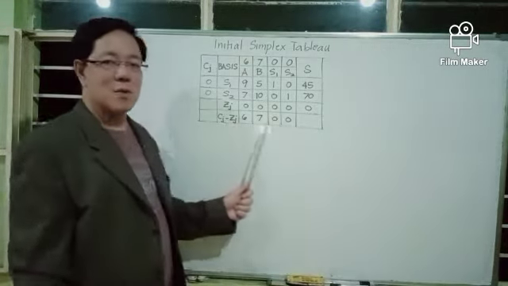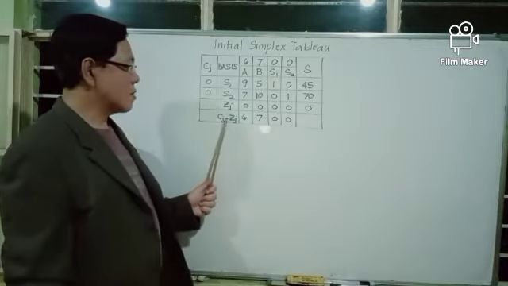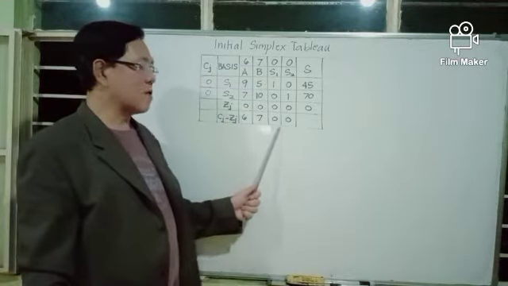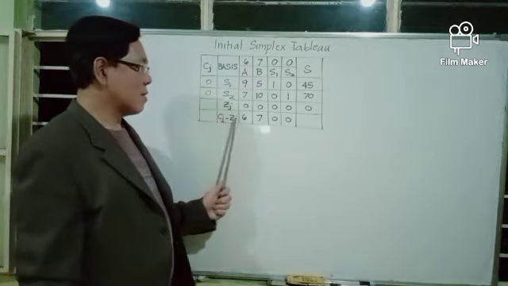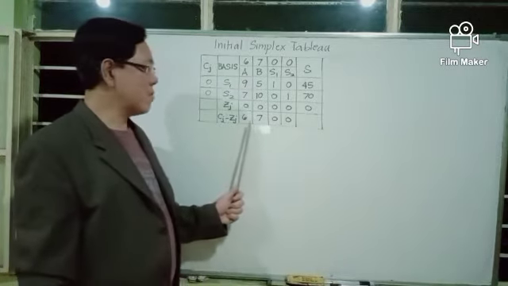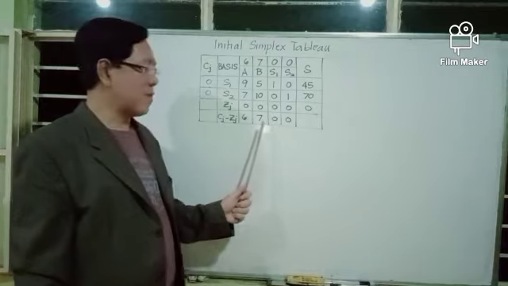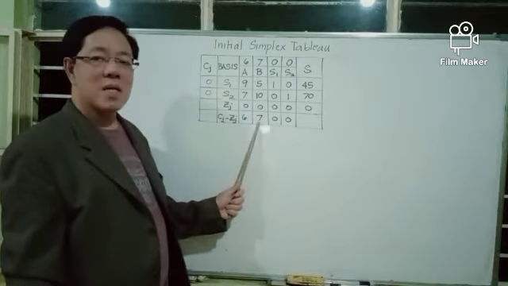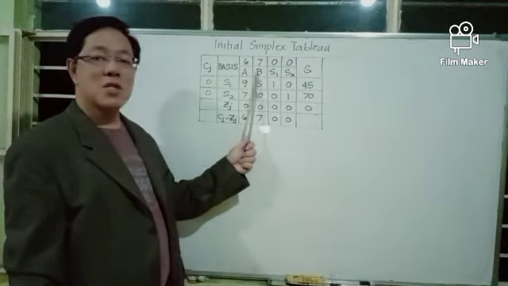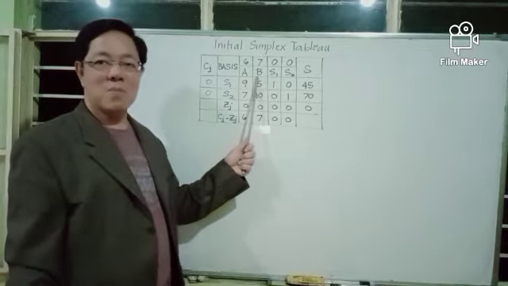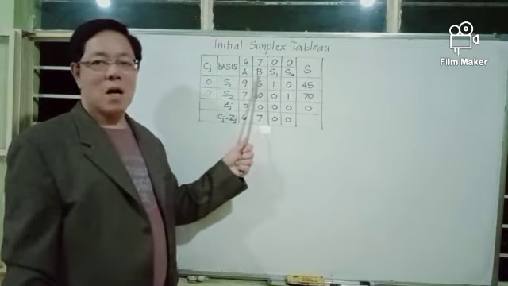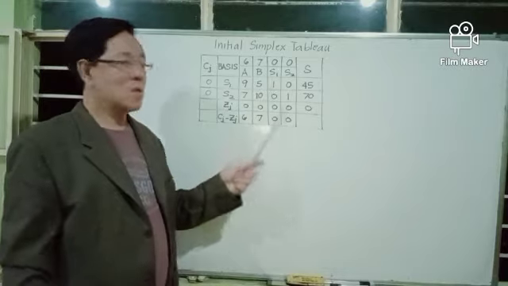In the last row, the entries are 6, 7, 0, 0, and the highest positive number among these four is 7. And 7 is under the decision variable b. That means the decision variable b is our entering variable.